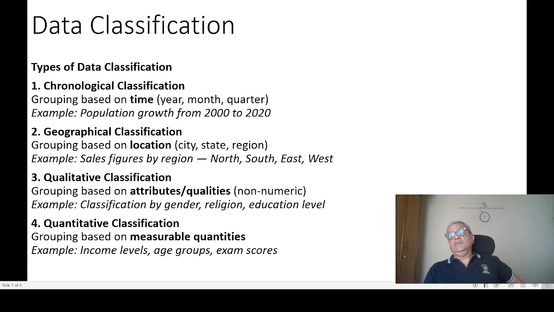Exam scores, less than 50%, between 50% and 60%, 60% and 70%, 70% and above. So these are bands, and quantitative classifications are based on fields which are numeric.